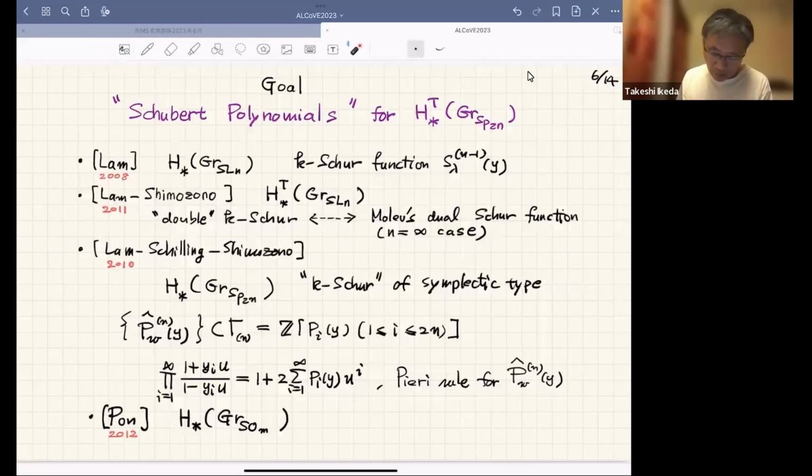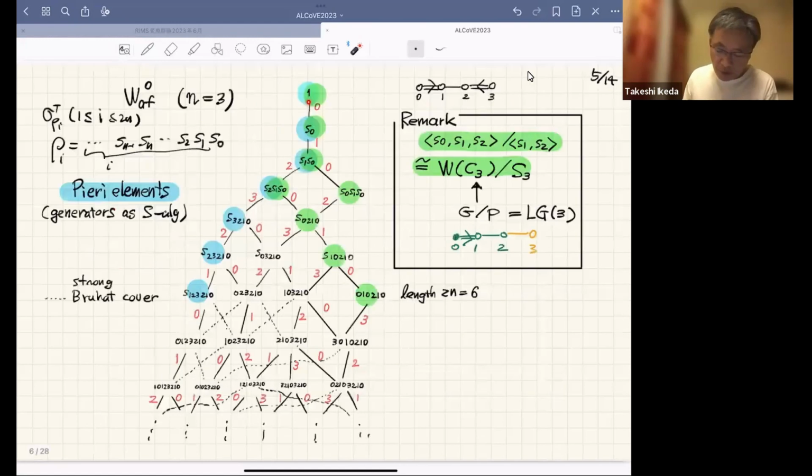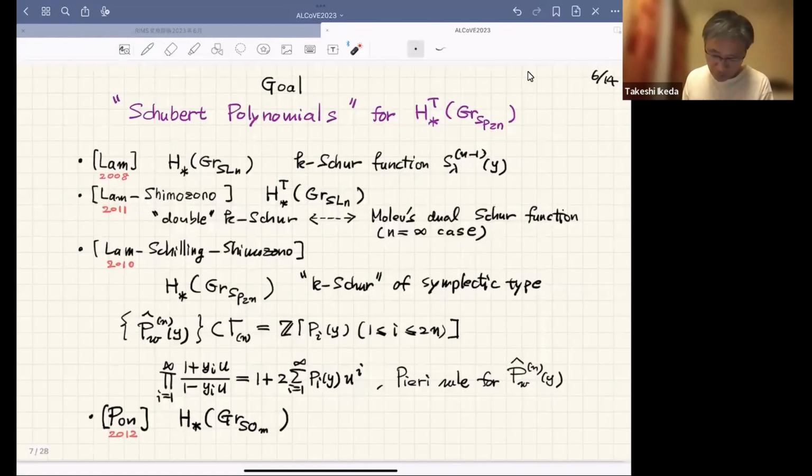You can see these elements correspond to the pure elements, right? Then they also introduced a family of functions that can be identified with the Schubert basis, and they proved a Peterson rule for these classes. For the orthogonal case, a similar result was given by Kohn.